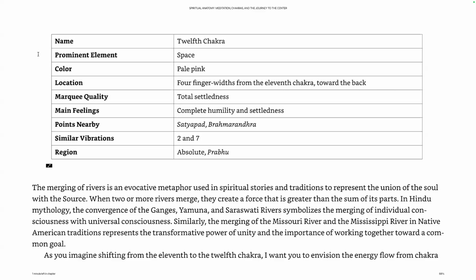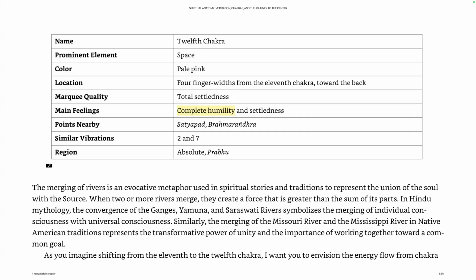Four-finger width from the 11th chakra towards the back. And total settledness is the quality, complete humility and settledness. So here again, we need to understand what this refined humility means. We'll go into detail on that. And then the points nearby are the Satyapad and Brahmarandra.